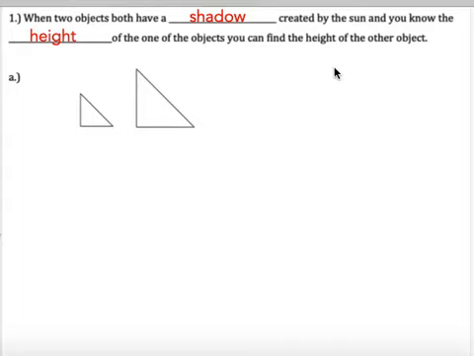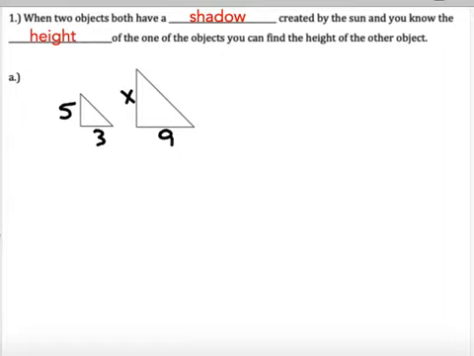So let's imagine here that you are 5 foot tall, just for simplicity here. And you have a 3-foot shadow. And there is a tree or a building outside that we do not know the height of, but its shadow is 9 feet long.